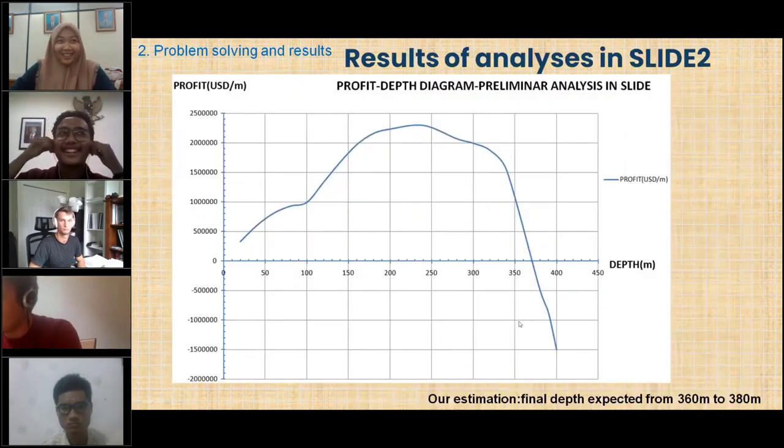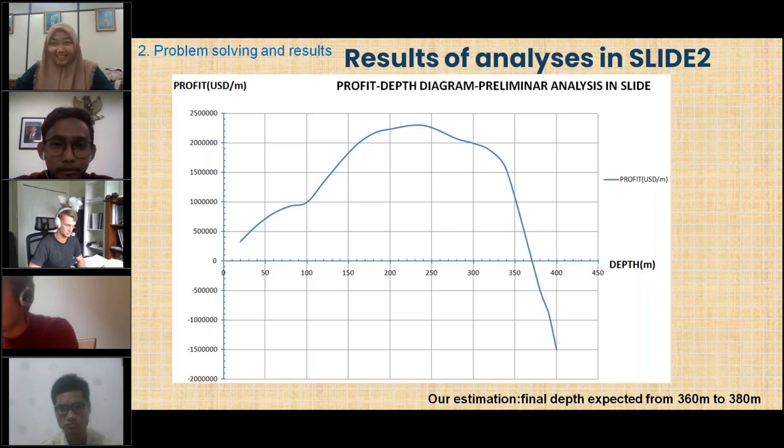Based on results of these analyses in Slide 2, we also got a profit-depth diagram and made a conclusion that our solution can be expected in this range, 360 to 380 meters of depth.